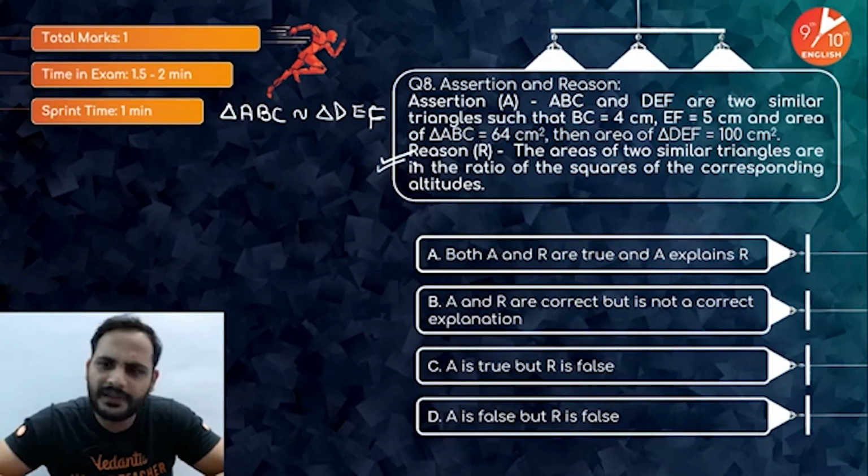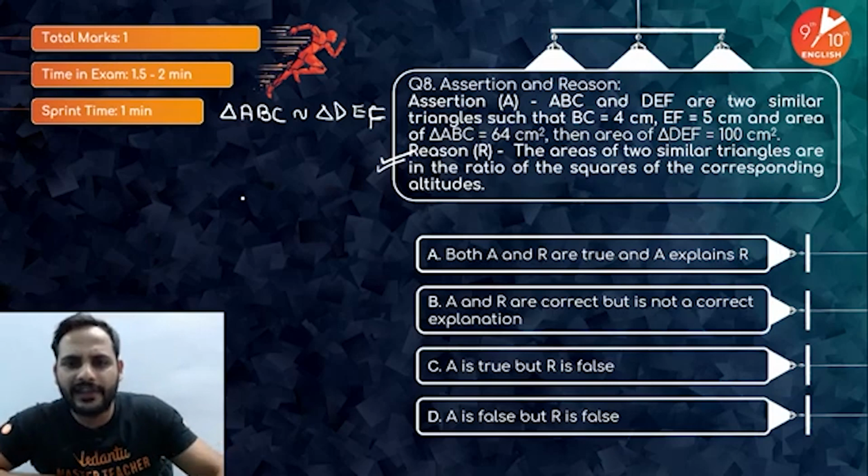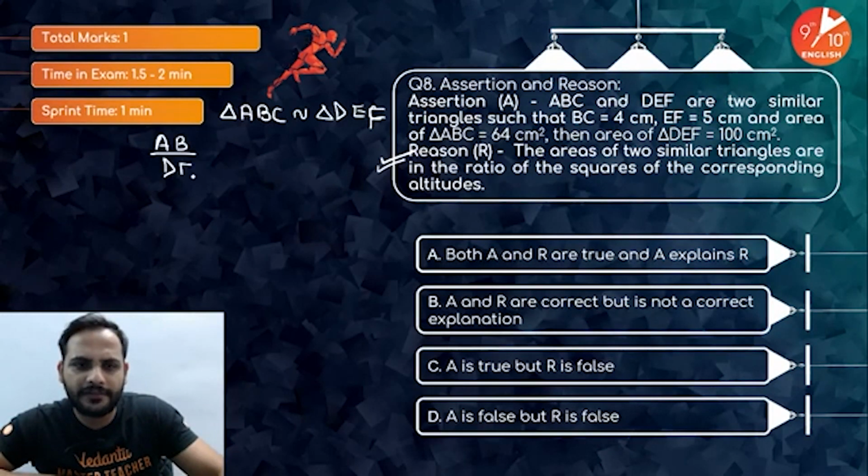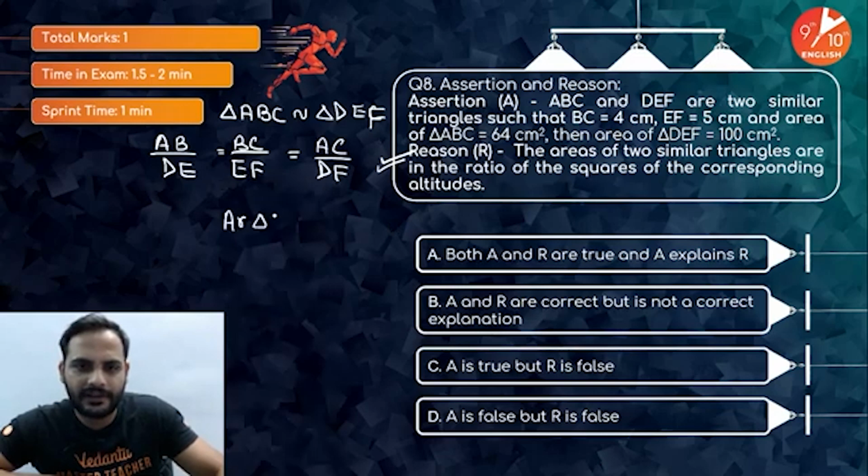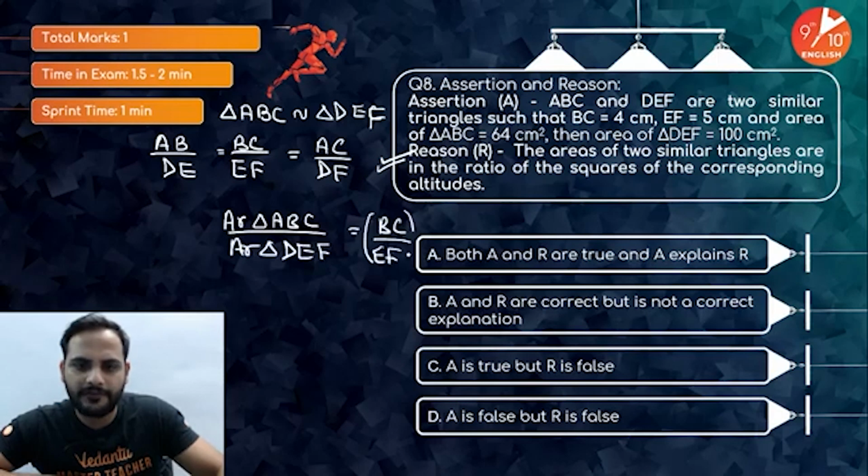Corresponding sides, be it corresponding sides or be it corresponding altitudes, ratio is same. So guys, I can say if they are similar, corresponding sides will be AB upon DE or BC upon EF, and here AC upon DF. So BC and EF are given. I can say area of triangle ABC upon area of triangle DEF will be equal to square of BC by EF.